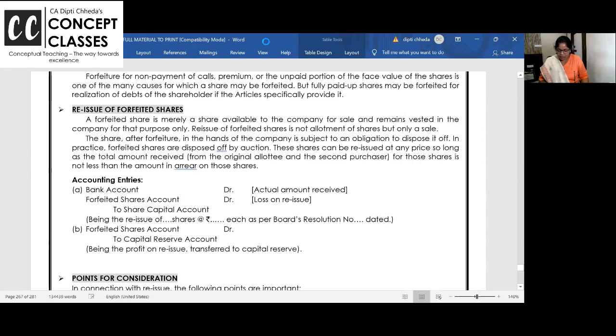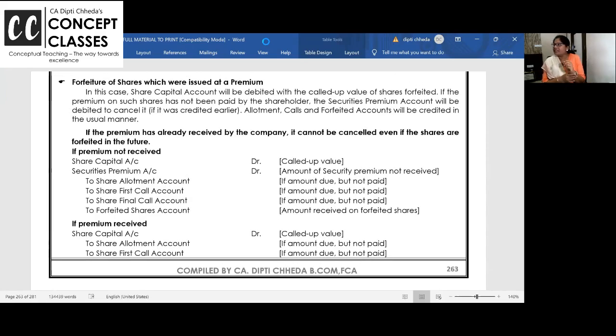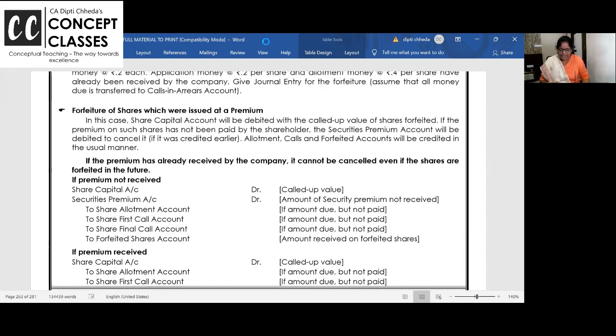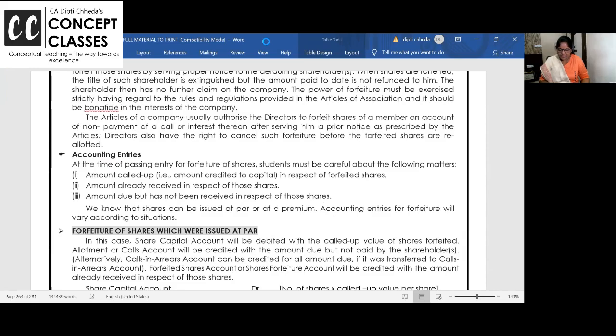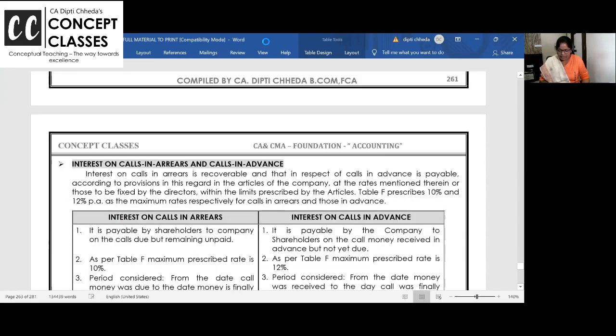So let us see what entries we will record. This chapter has all the journal entries: issue of shares, forfeiture of shares, reissue of shares, calls in arrears, calls in advance, and how to calculate the interest and all that. So let us start today's class with issue of shares, when shares are issued at a premium.